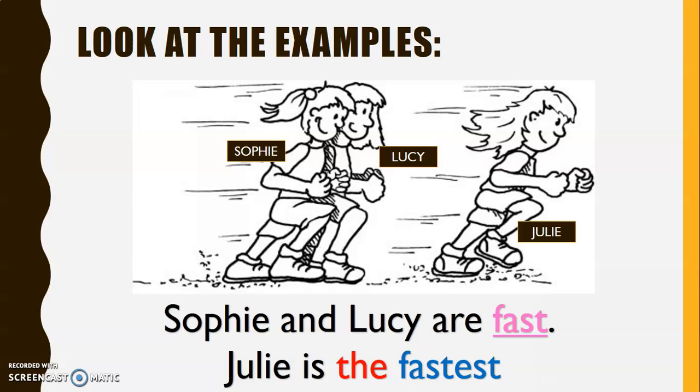Look at the examples. We have Sophie, Lucy, and Julie. We can say that Sophie and Lucy are fast, but Julie is the fastest. Es la más rápida.